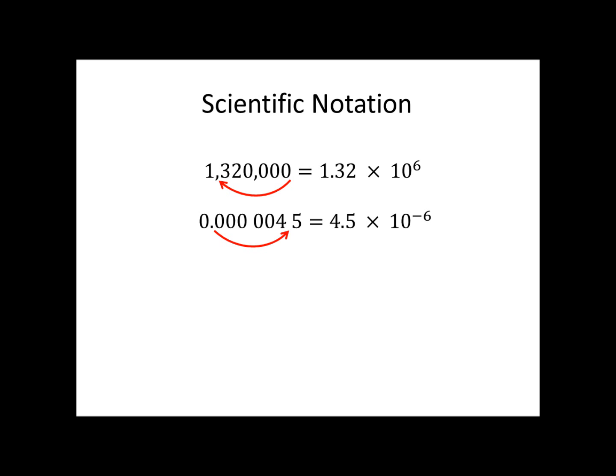In the bottom one, I get 4.5, but since I moved the decimal in the other direction, it's a negative 6. And again, my rule of thumb, positive power on the 10, big number. 1,320,000 is a big number. 4.5 times 10 to the negative 6, that's not a big number. That's a little tiny decimal. Pay attention to that rule of thumb.